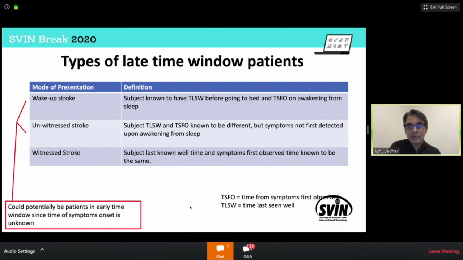So patients who go to bed, for example, at 10 p.m. and at 7 a.m. are noted upon waking to have clinical deficit, theoretically, it's possible they had an LVO formation at 6 p.m., at 6 a.m., or at 5 a.m., and that they're actually in the early time window. So in principle, in wake-up stroke or unwitnessed stroke, we have this uncertainty about when symptoms started, and can we somehow identify patients who might actually be early time window patients.